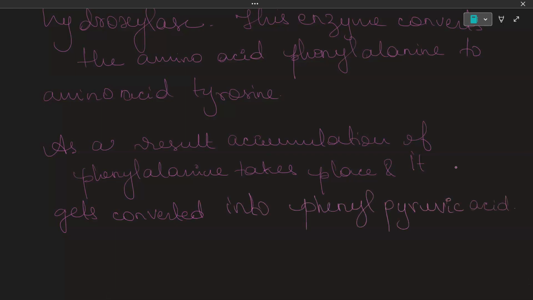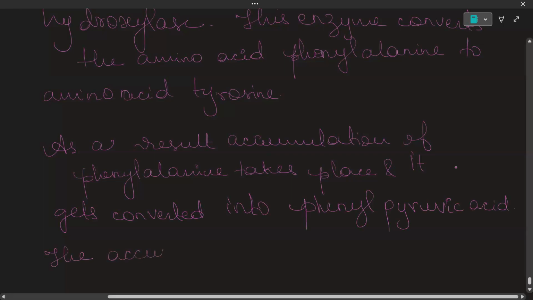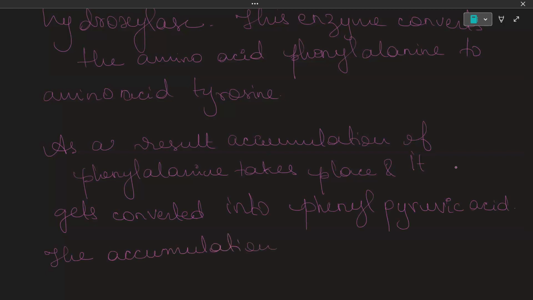Now you must remember the accumulation of these causes mental retardation.